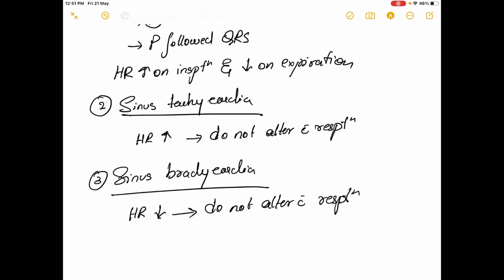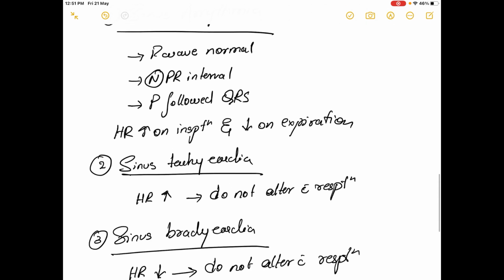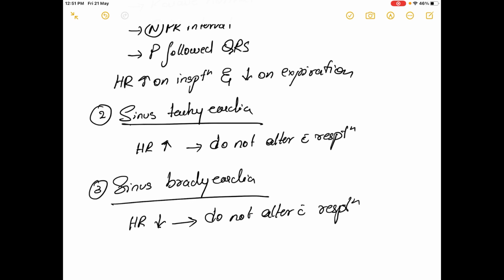So in sinus arrhythmia, the P wave is normal with a normal PR interval, and the P wave is followed by a QRS complex, but the heart rate increases on inspiration and reduces on expiration. Whereas in sinus tachycardia, the heart rate is increased, and the difference is that it does not alter with respiration. In sinus bradycardia, the heart rate is reduced, and it likewise does not alter with respiration. So this is about sinus rhythms.